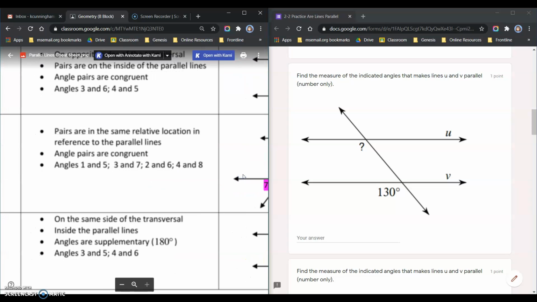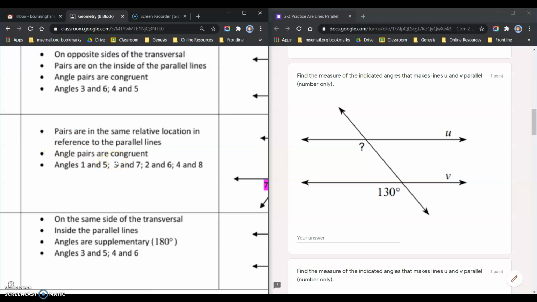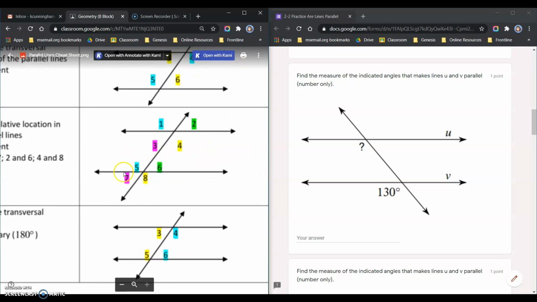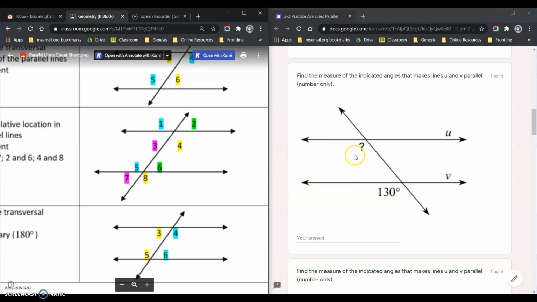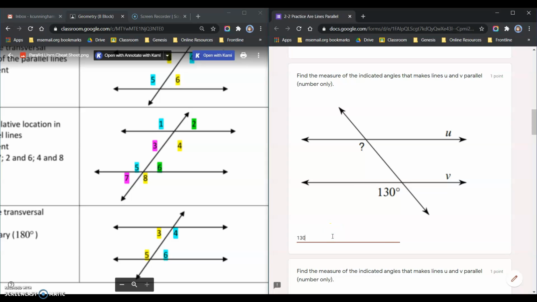If you read what this means, the pairs that are highlighted are congruent, which means they're going to have the same angle measure. So when you see the word congruent, you know that the same colors mean that they're the same measure. In this case, if this bottom piece is 130, where the 7 is, then the question mark will also be 130. So you would just type in 130 here.